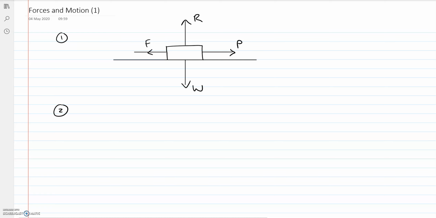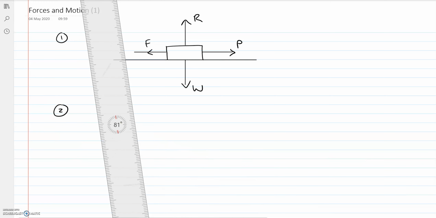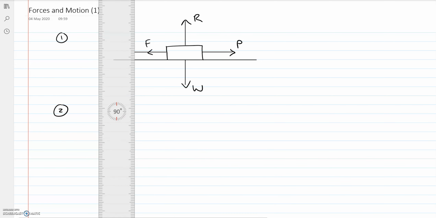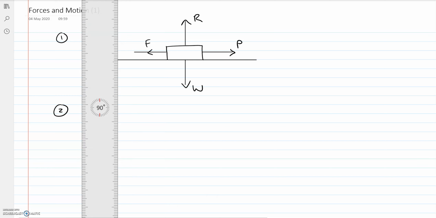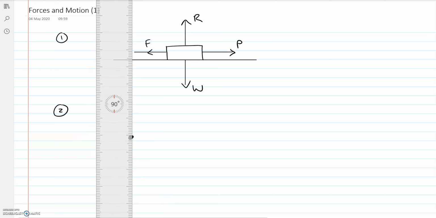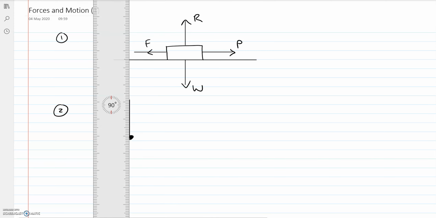So number 2, we've got a diagram showing the forces acting on a particle. Draw a force diagram to represent the resultant force, and then describe the motion of the particle. So if we just quickly have a little look at drawing this out, we've got our particle, and we've got 4 forces acting on it. We've got 30 newtons going up, 10 newtons going down.